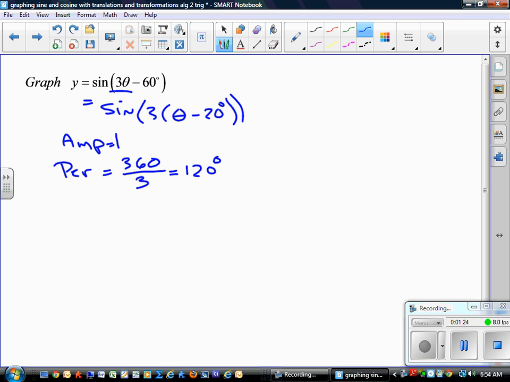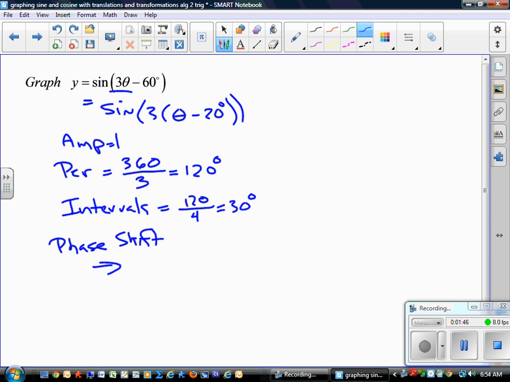Now, that sets up intervals being 120 divided by 4, or 30 degrees. I know I have a phase shift, or a horizontal translation, sorry about that, of 20 degrees to the right.